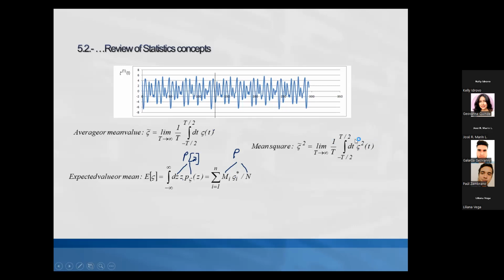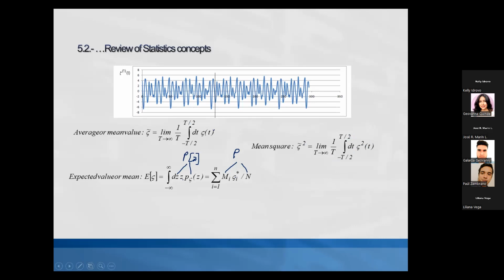In this case, we square the function, so contribution from the positive or negative side will contribute to the summation. And then we divide by the time length. And the result is something we call the mean square. That's this thing here.